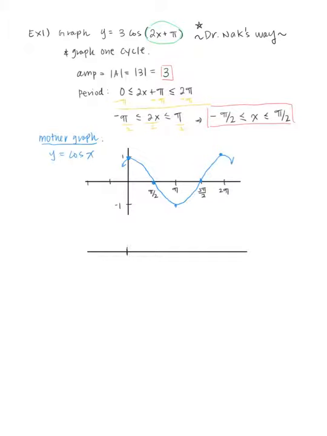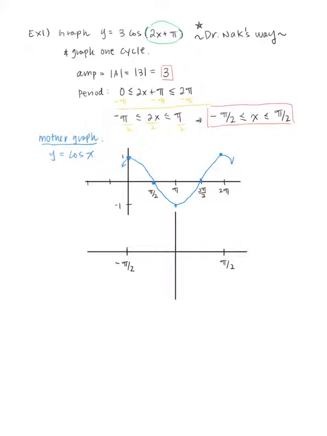So this point right here is going to become negative pi over 2, and instead of 2 pi, your 2 pi is going to be replaced with just pi over 2. Now the dead center will be the 0. So let me draw that out. That will be our new grid for the graph that we're looking for.